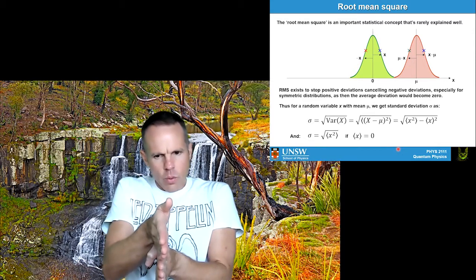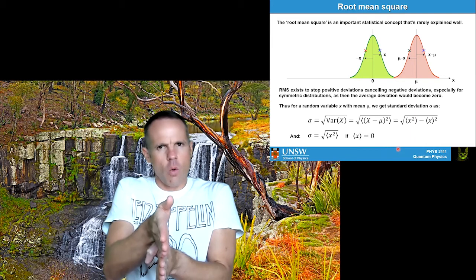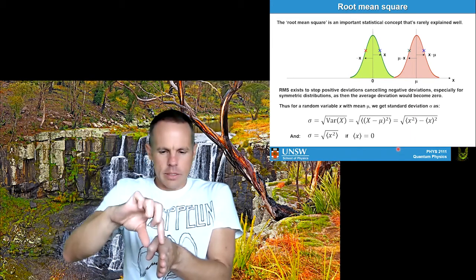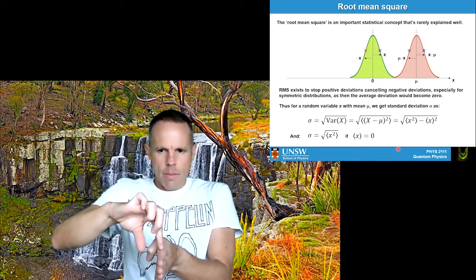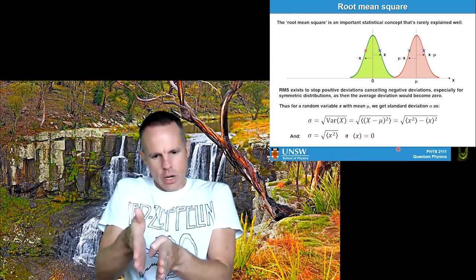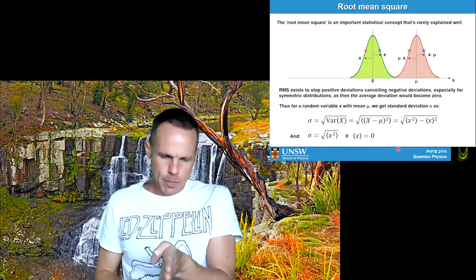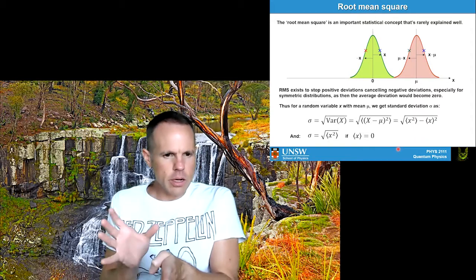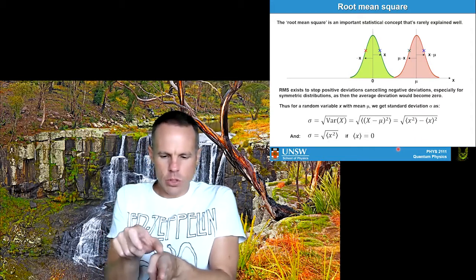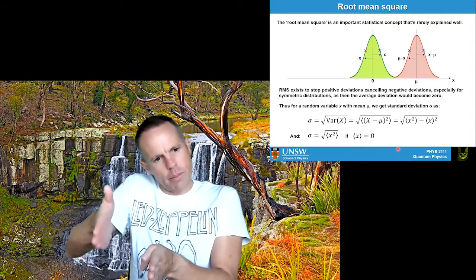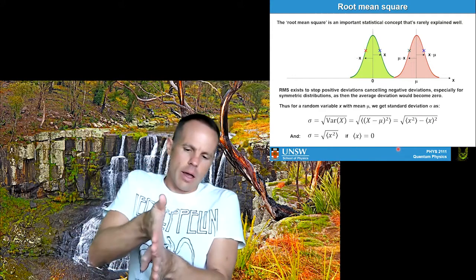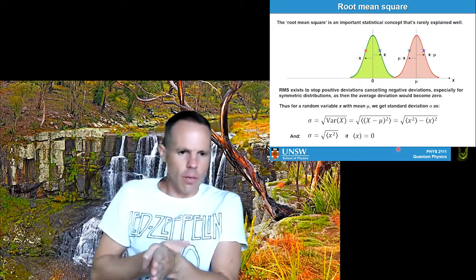And imagine what we want to do is get some idea of what the typical separation of some observation is from that average. If we considered taking an average there, we would have a whole pile of different numbers on the positive side and a whole pile of different numbers on the negative side.